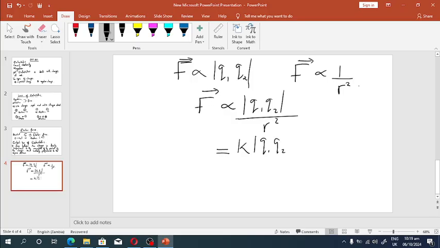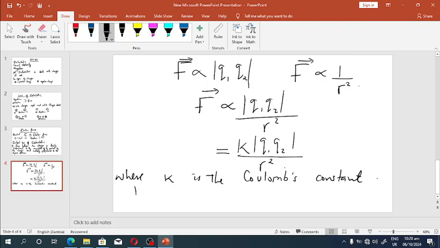So Q1 Q2 over R squared, and the K that we have there, where K is the Coulomb's constant, is given by 1 over 4 pi epsilon naught, where epsilon naught is the permittivity of free space.